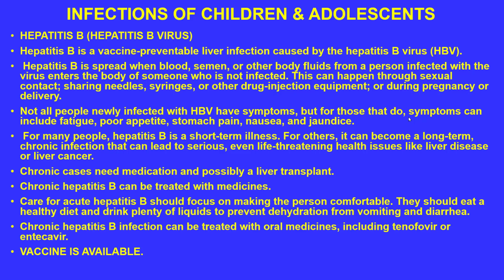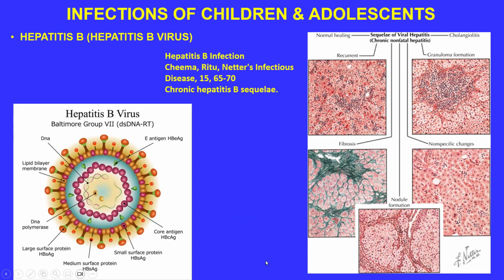These are antiviral drugs, and they interfere with the viral replication. But as I said at the end, a vaccine is available. This is extremely important. What you see here is a Hep B virus, where it has the E antigen and the core antigen. It looks like you have two layers, but you really don't. This is what would be referred to as an enveloped virus. The lipid bilayer here.